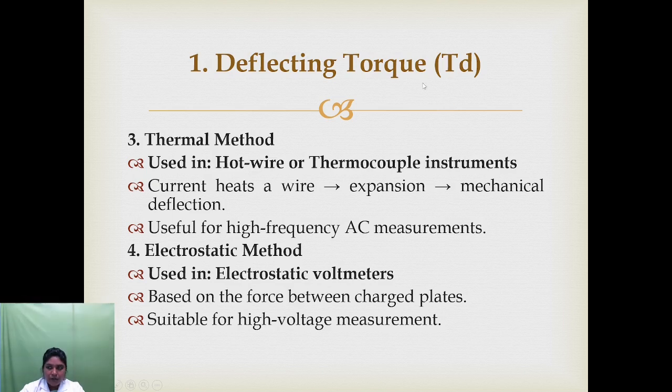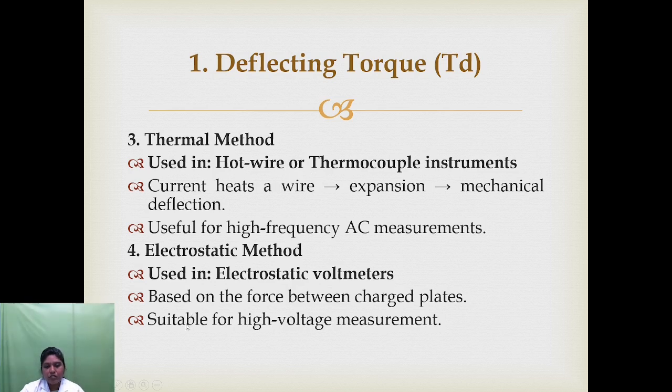As it is a closed loop, the current flows through it. This effect is called the thermal effect. The current heats the wire and expansion happens, and due to this, mechanical deflection takes place. For example, for thermocouple instruments, we use this method to produce the deflecting torque.